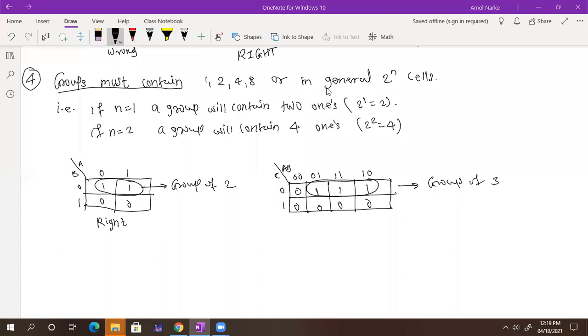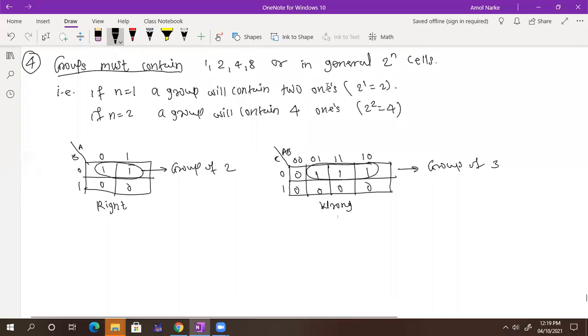This is wrong. Why is it wrong? Because it must contain either 1, a group of 2, a group of 4, or a group of 8. Means if in the first box it was 1, then it would be a group of 4, and then this is the correct one. You cannot select this group.